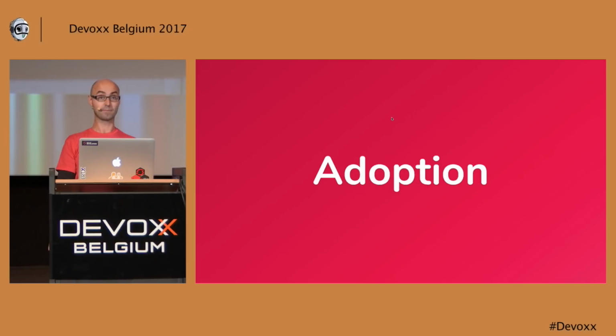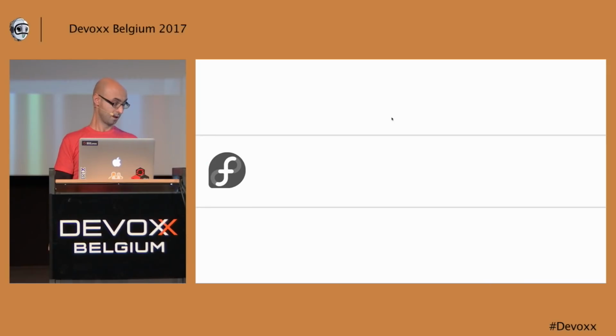So the adoption: which companies are using this or moved to Asciidoctor in the last 6 months? The first one is Fedora. Fedora decided to move all the documentation from DocBook XML, who likes XML, to AsciiDoc.